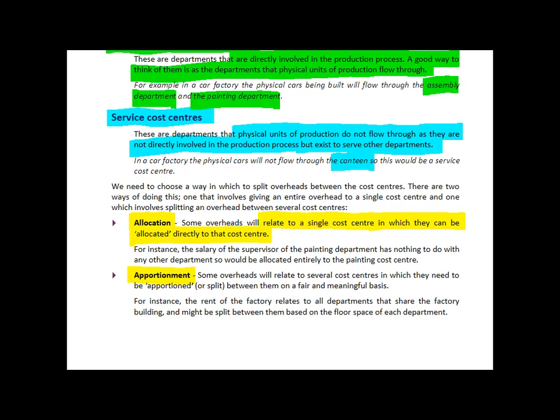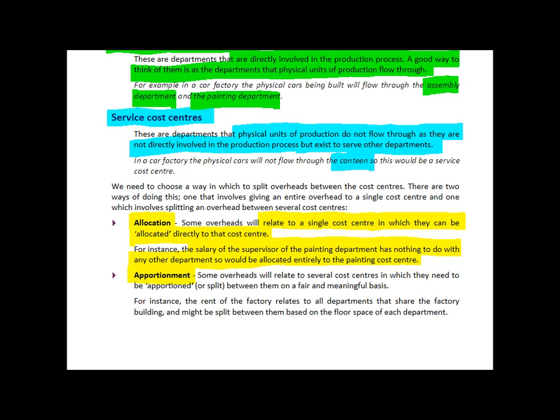So for instance, if we've got a supervisor in the painting department, well, the salary that we pay that supervisor has got nothing to do with the assembly department, nothing to do with the canteen, nothing to do with the stores. They are purely working in the painting department, so we could allocate their entire salary to the department they work in. So you could allocate the painting department supervisor salary just to the painting cost centre.